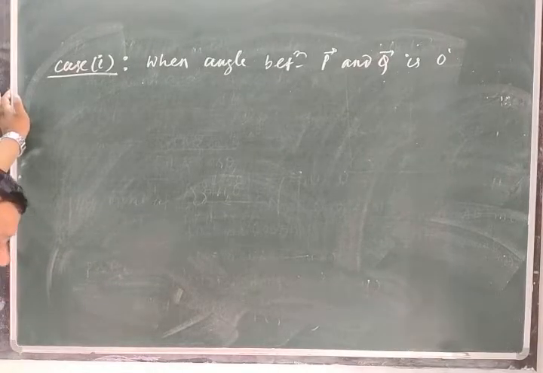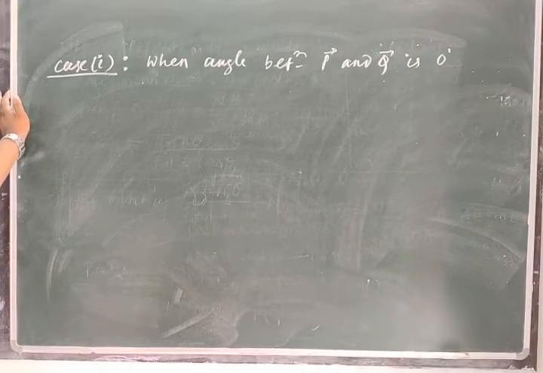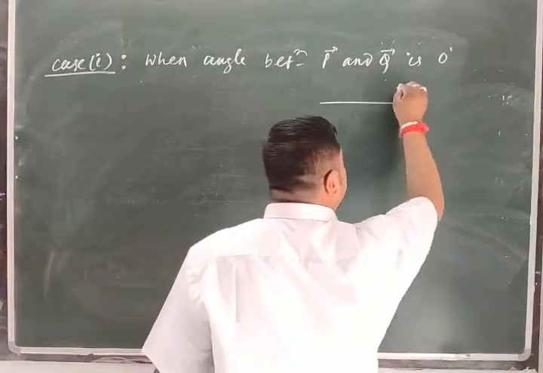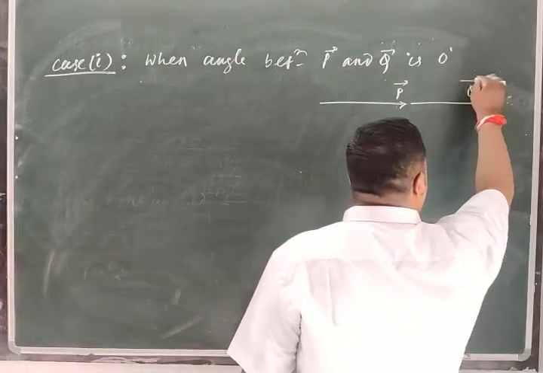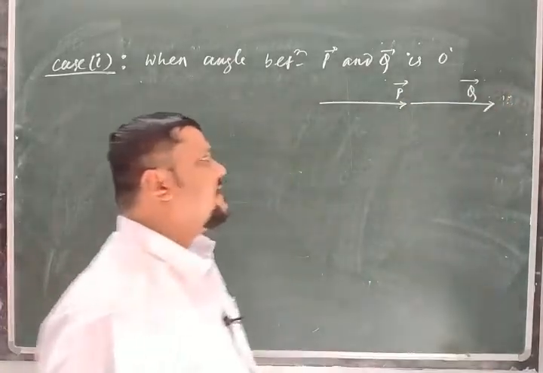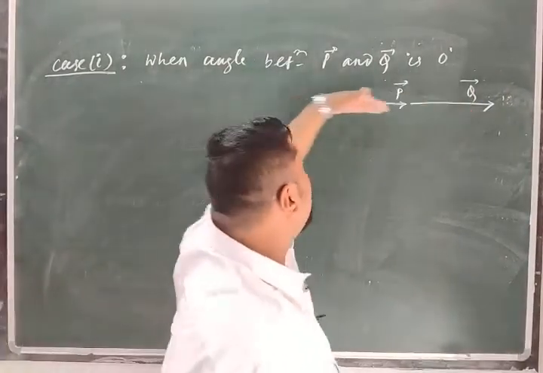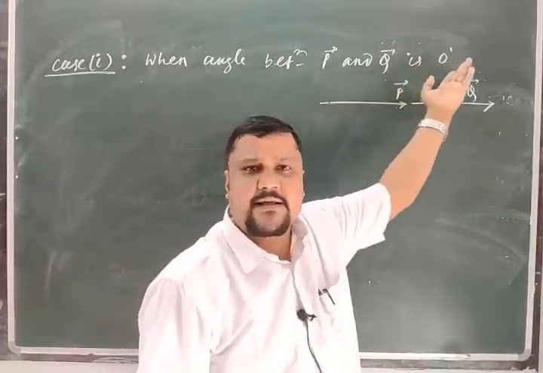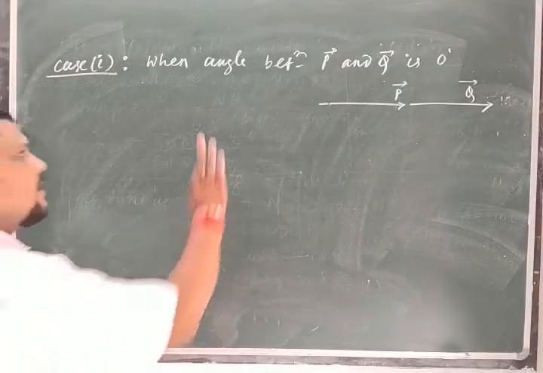The two vectors are parallel. For parallel vectors, their angle is 0 degree, meaning both are acting in the same direction. The P vector and the Q vector are acting in the same direction. So here theta is equal to 0. By parallel shifting this Q tail to tail, if you meet them, the angle is 0 degree. So when the angle between P and Q is 0 degree, what will you get?